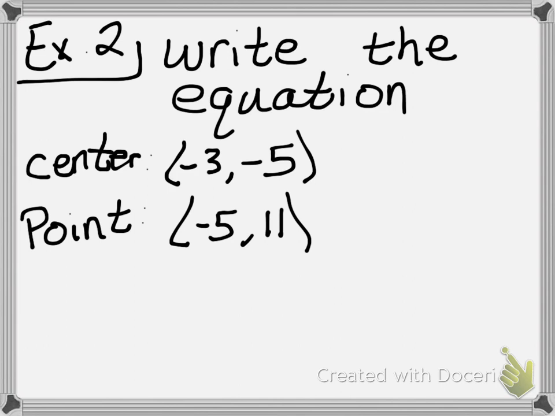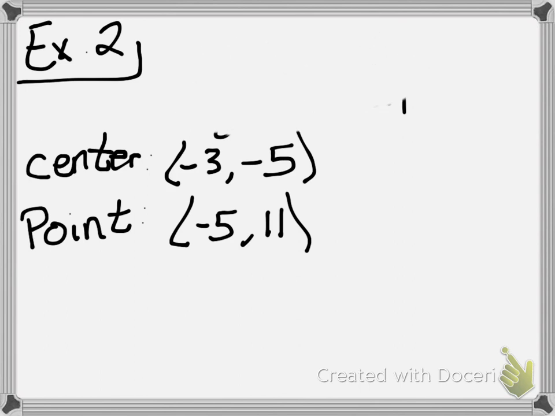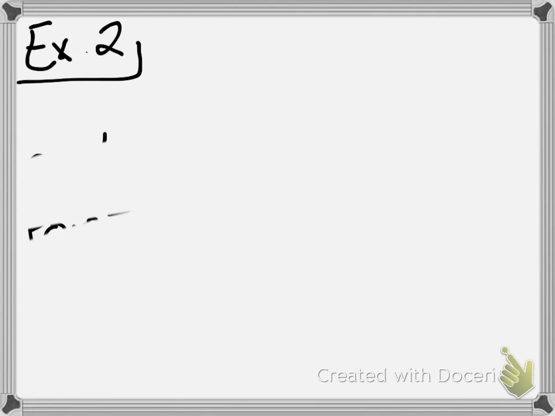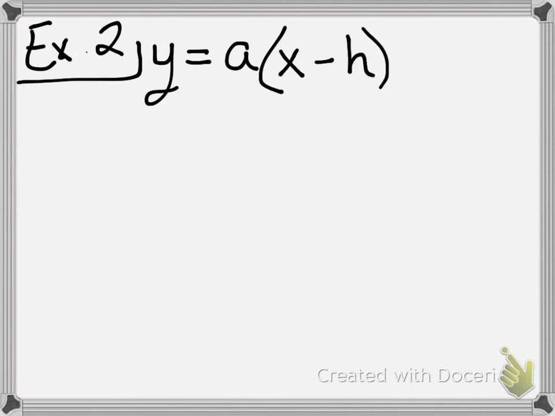What we're going to do with this information is substitute that into our form here. So I'm going to have to erase this. So make sure you have these numbers written down. Now, remember the h and the k, very much like the vertex of a parabola, is going to be the center of this cubic function.